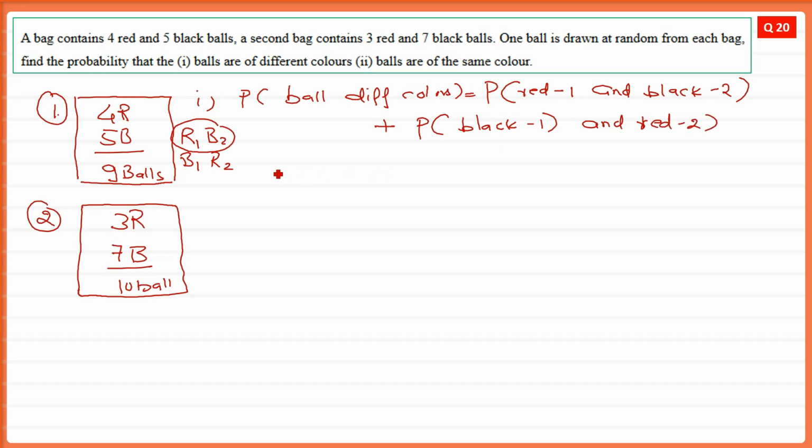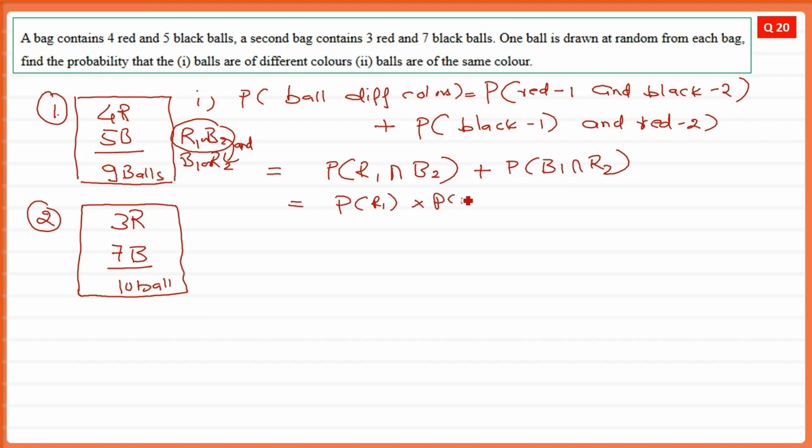So I'm going to write this as P of R1 and B2, or B1 and R2, and then we have to OR them. R1 intersection B2 is the probability of the first one, then the probability of B1 intersection R2. Because these are independent events, we can write it as P(R1) multiplied by P(B2), and then P(B1) multiplied by P(R2).